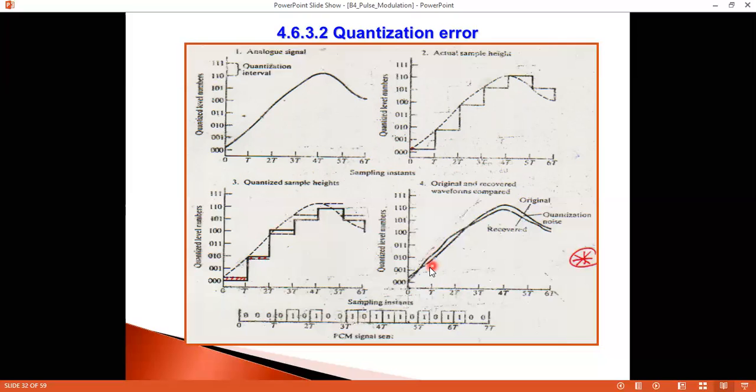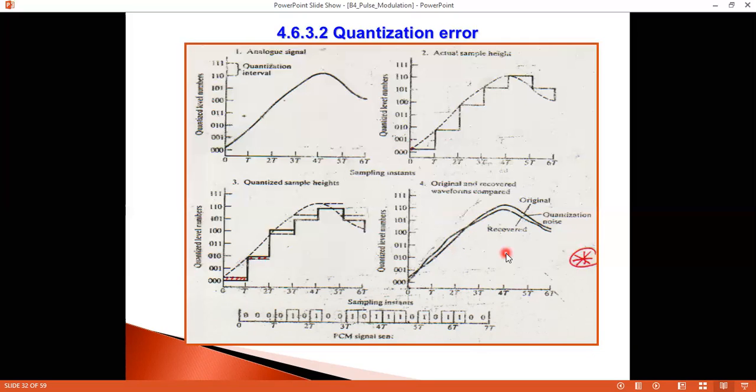Okay. So if you notice, there will be a slight difference between the original and the recovered. So the difference is due to the difference between the quantized voltage and the sample voltage. So it's known as quantization noise.